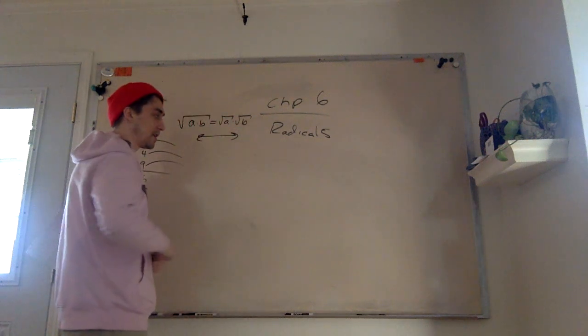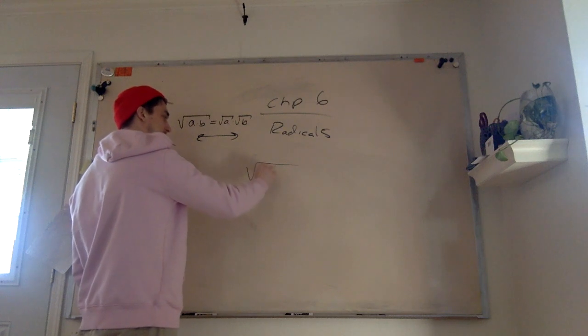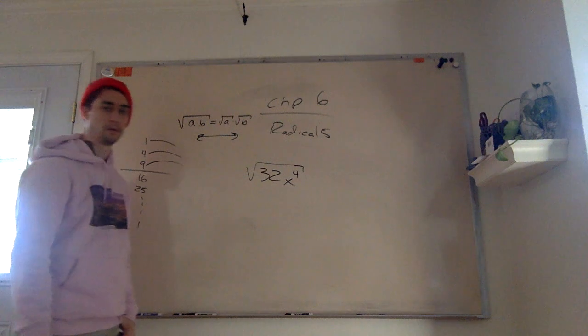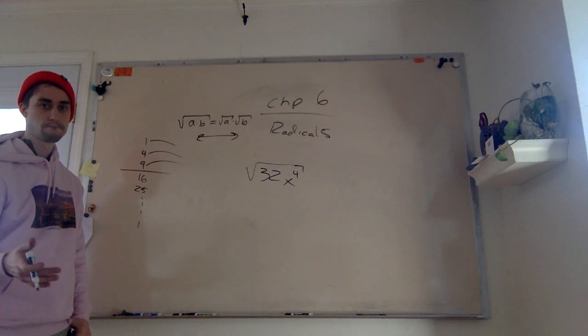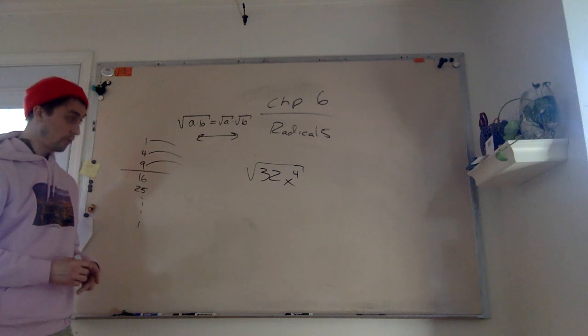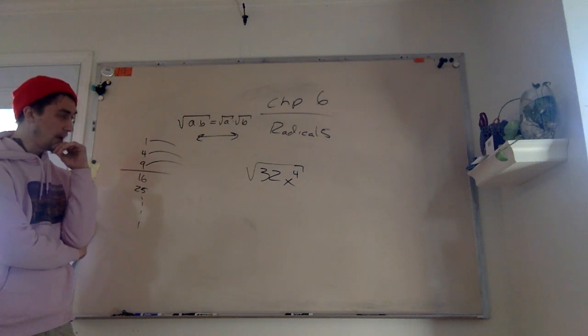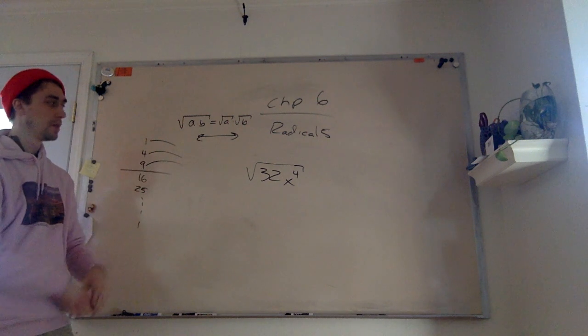Okay, another way that this can go is that you can have these at the same time. So you might see something like this: the square root of 32x^4. So there are a couple of ways to do this, but what I normally do is focus on the numbers and the variables separately.